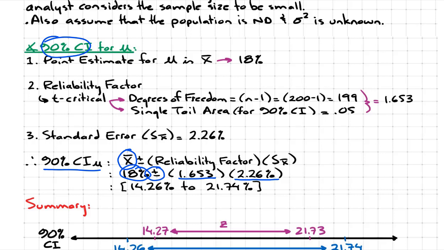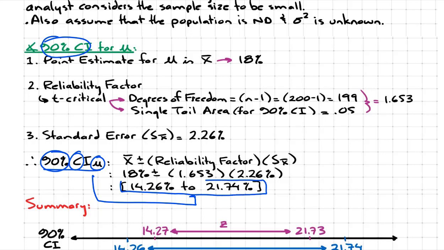So therefore, putting it all together, we are 90% confident that the population average lies somewhere in between 14.26 and 21.74.